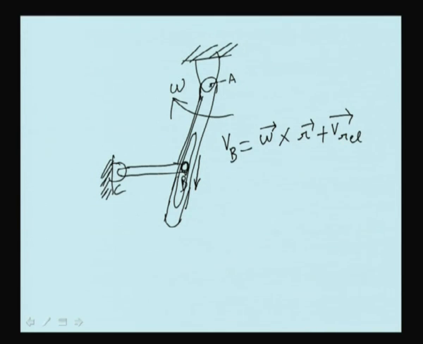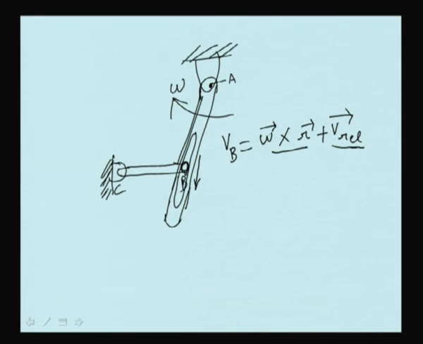You have fixed the axis system at point A. R is the radial distance, the position vector of B with respect to A. Omega might have been specified, so you will be able to calculate omega cross R. For VL, only the direction is known, not the magnitude. But you know the other equation: the velocity of point B with respect to point C, whose direction has also been given.